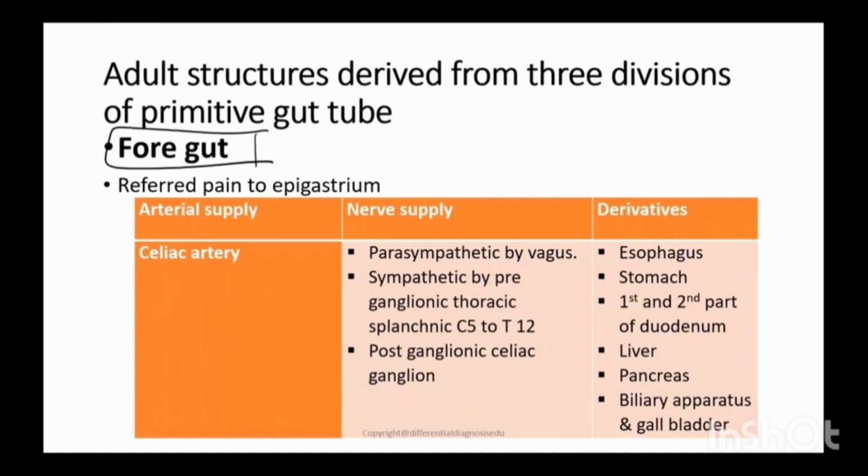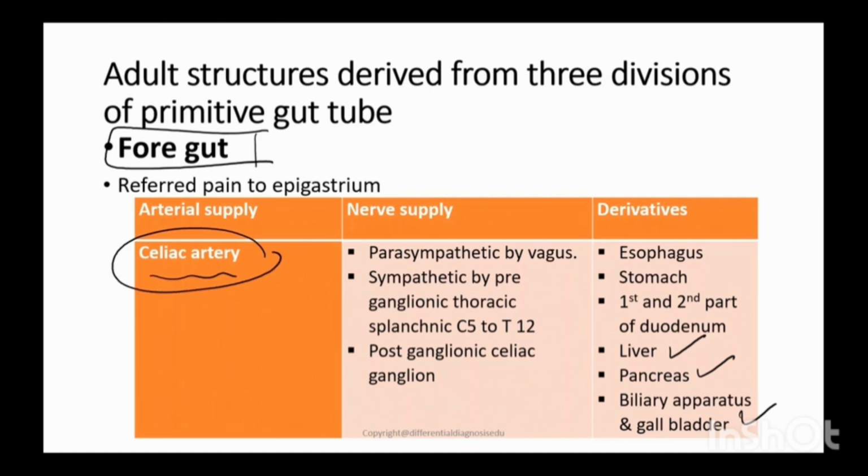Foregut is from the esophagus to the second part of the duodenum. It includes other structures too, like the liver, pancreas, and biliary apparatus. Foregut is supplied by the celiac artery.